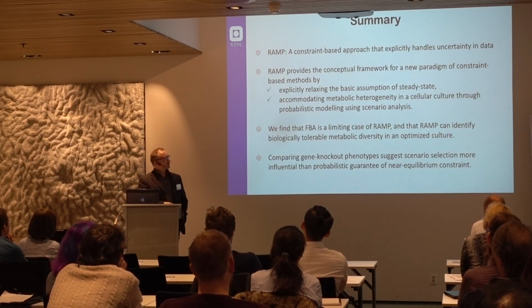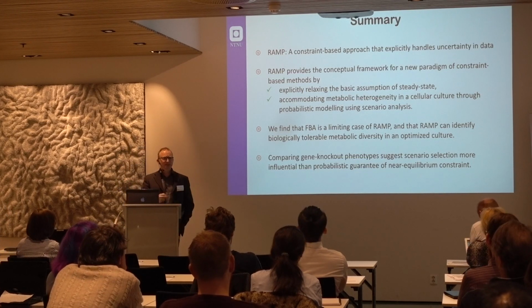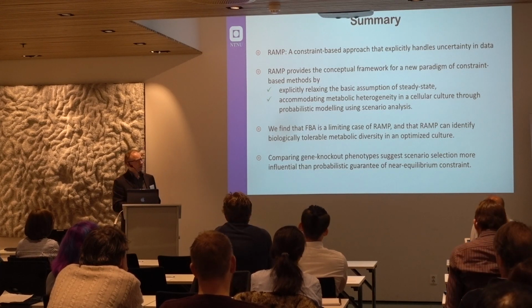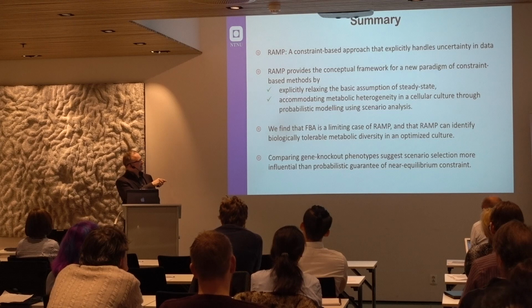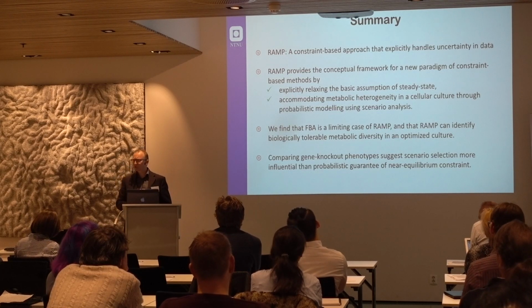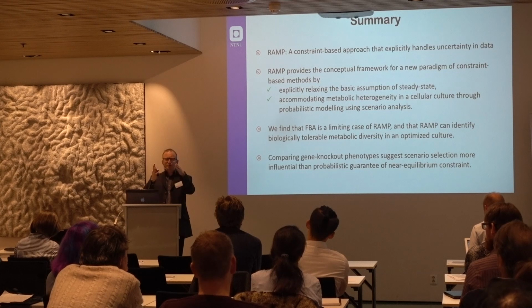So to quickly summarize, I presented a constraint-based approach that explicitly handles uncertainty in the data. It provides a framework for relaxing the assumption of a steady state and allowing for heterogeneity, and able to connect FBA solutions to heterogeneity in populations.